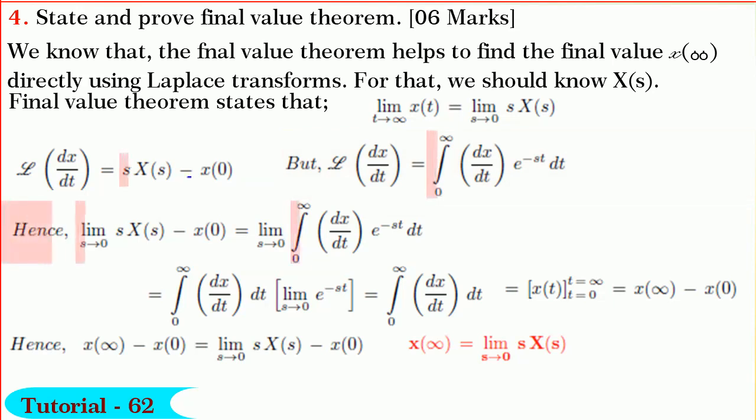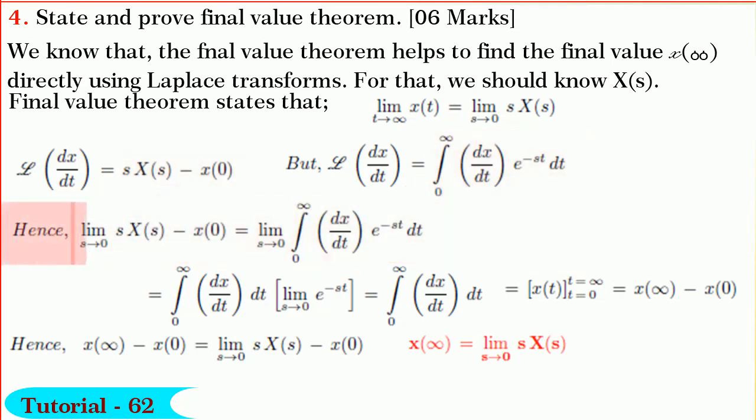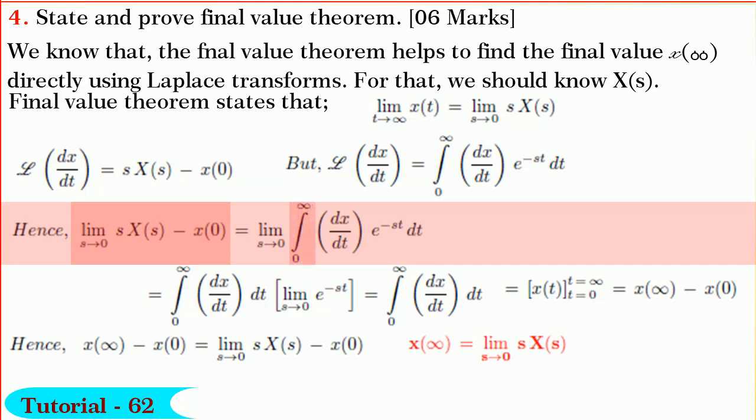Using the right hand sides of both the equations and applying the limit as s tends to 0, we can write the limit of sX(s) − x(0) as s tends to 0 equal to the integral of (dx/dt) e^(−st) dt from t = 0 to t = ∞, with the limit applied as s tends to 0.